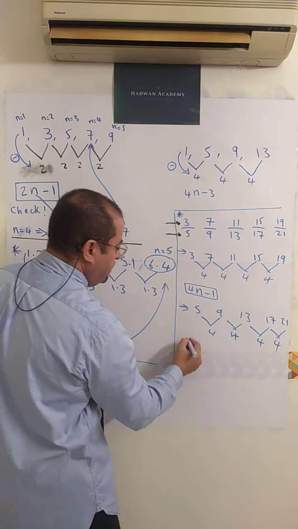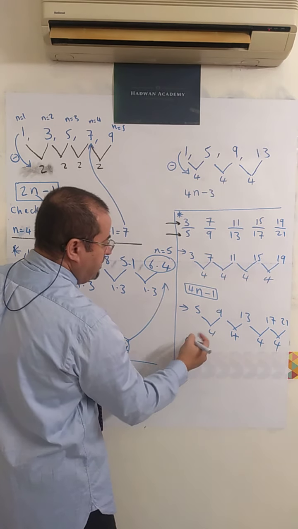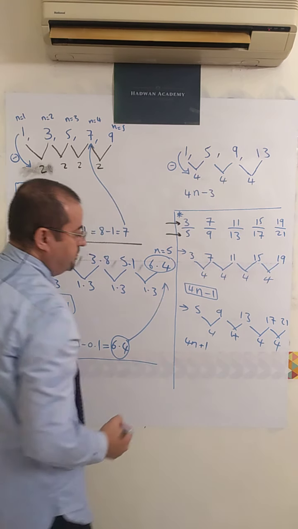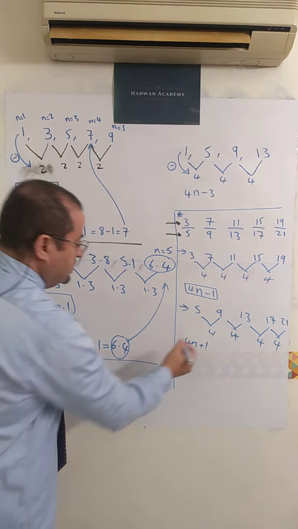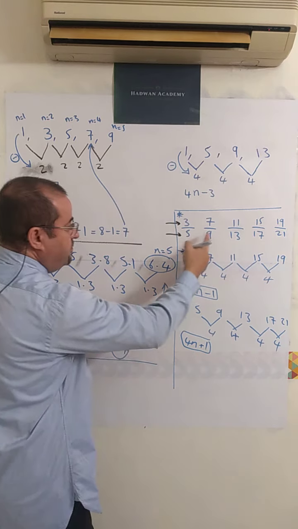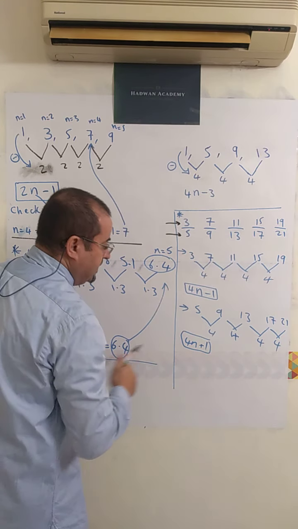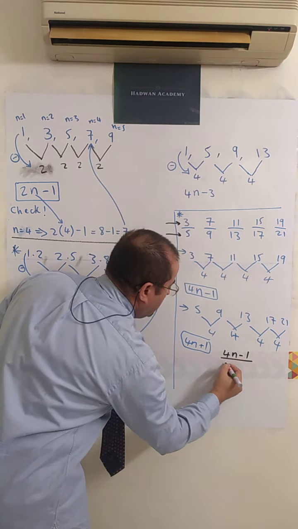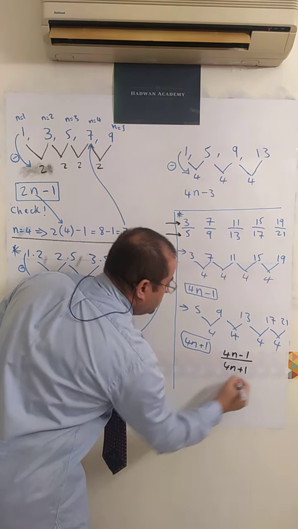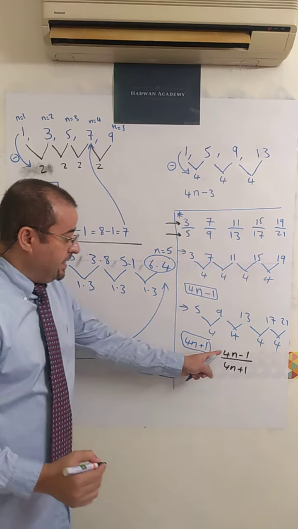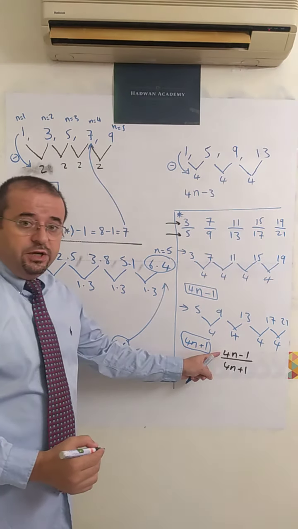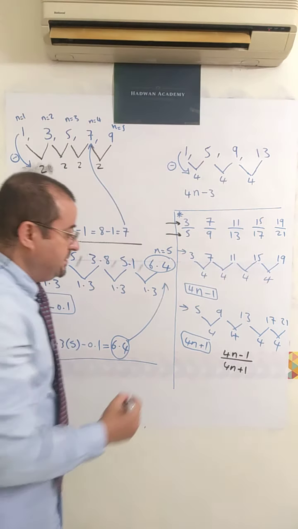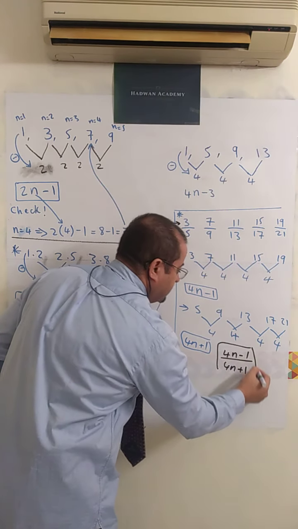So we have 4n, and 5 minus 4 is 1. So the nth term for this sequence, the first term, is 4n minus 1 over 4n plus 1. This is the nth term for the numerator and this is the nth term of the denominator. This is the answer.